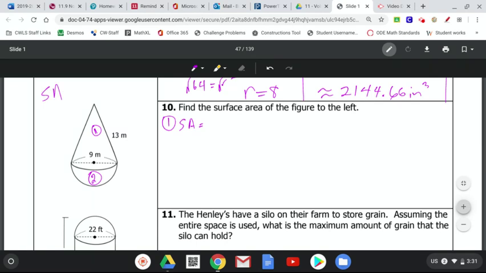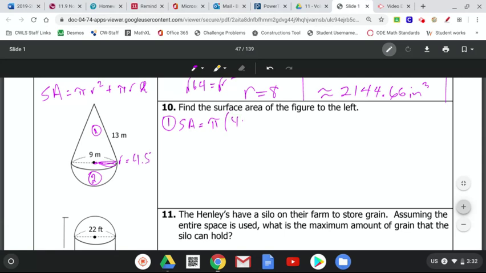So the surface area of a cone was just this, pi r squared plus pi r l, where l is the slant height. So for this one, it's going to be pi times our radius here. Well, the diameter is 9, so the radius is going to be 4.5.